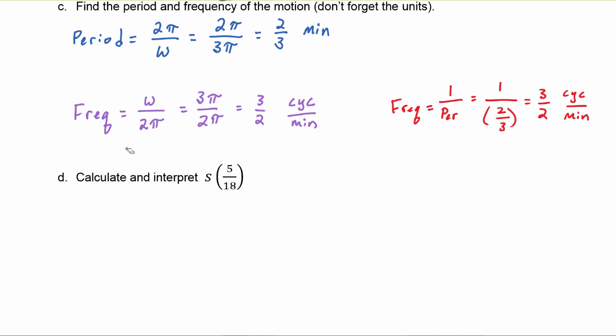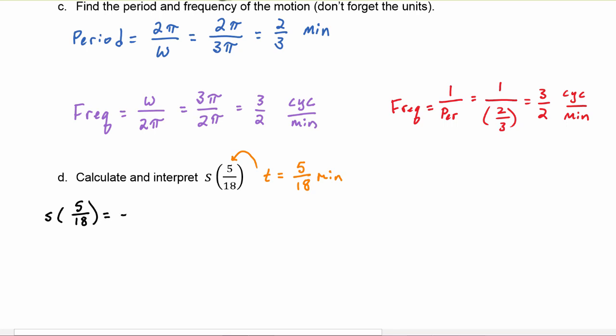In part D, we have to calculate and interpret S of 5 over 18. Just a quick reminder that that means t is equal to 5 over 18 minutes. So we're solving for S of 5 over 18.